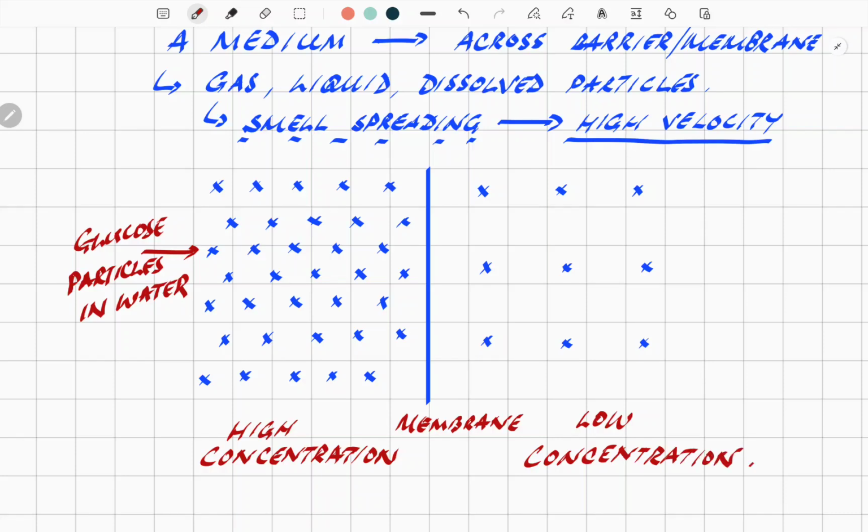The rule of diffusion is that particles will always move from an area of high concentration to an area of low concentration. So in this case, the glucose particles are going to move like that.